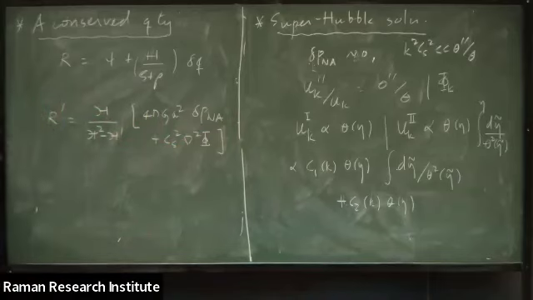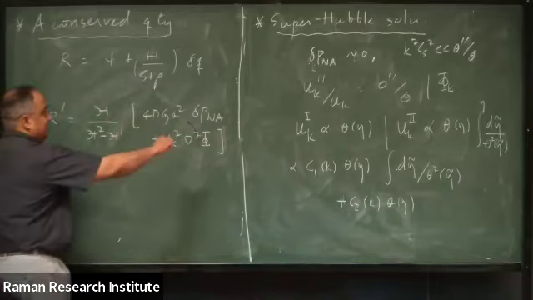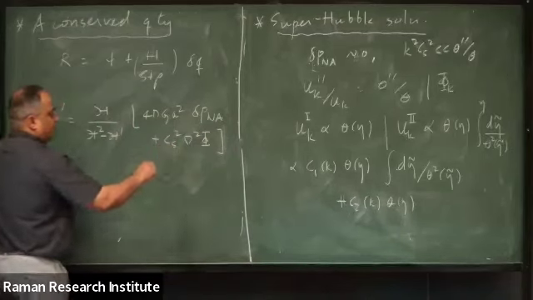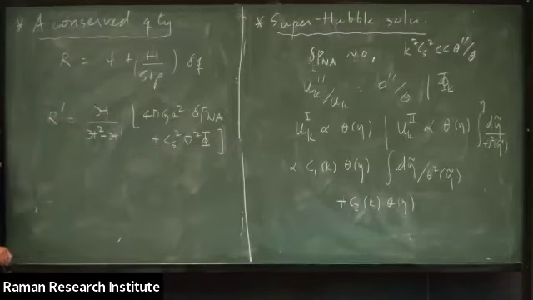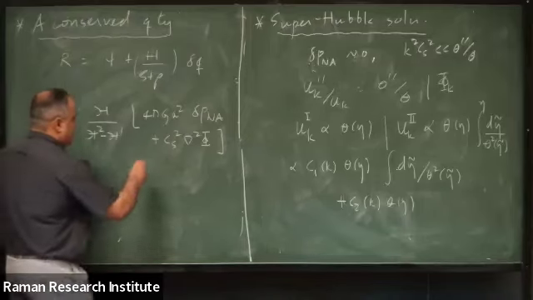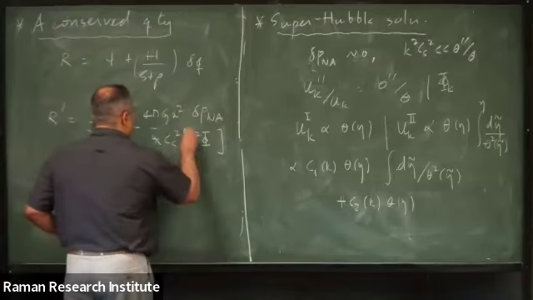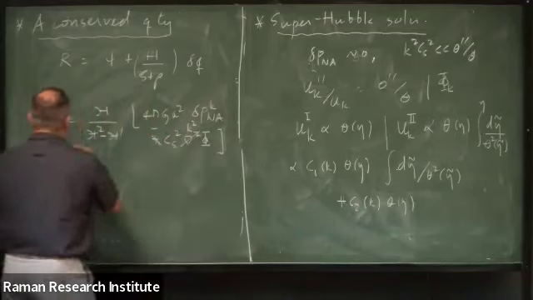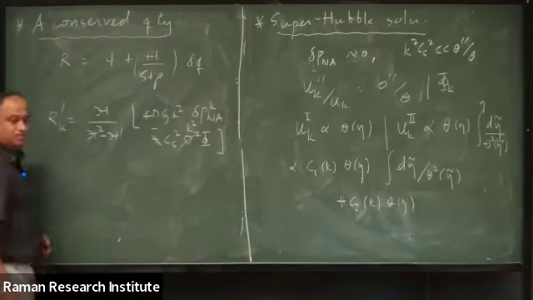And now let us see what happens on super Hubble scales. If you have delta P non-adiabatic to be zero, in the case of fluids that we have been considering, what will happen on super Hubble scales to this quantity? So this will be minus k squared, correct? And this will be delta P non-adiabatic of k, and this will be the kth mode, R_k prime.